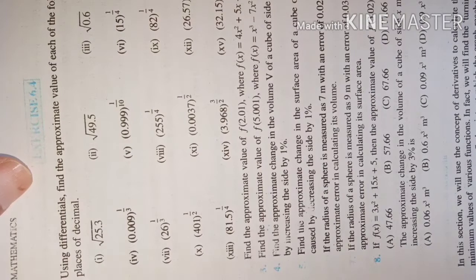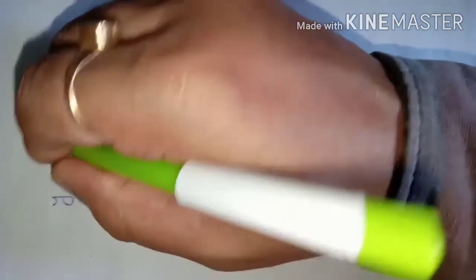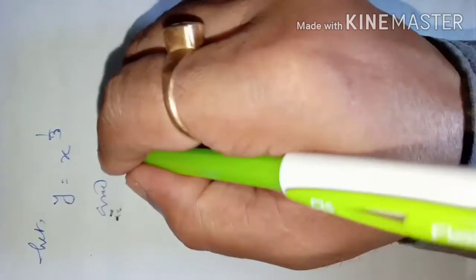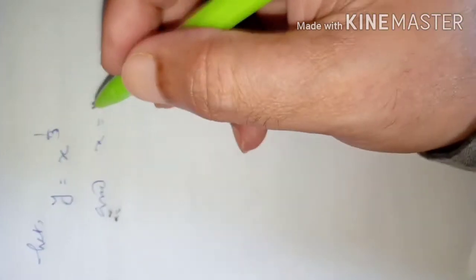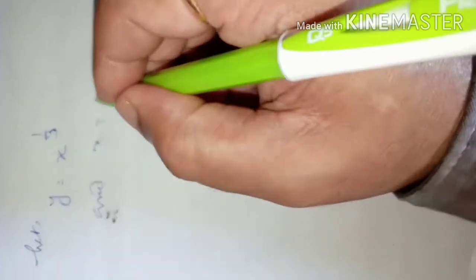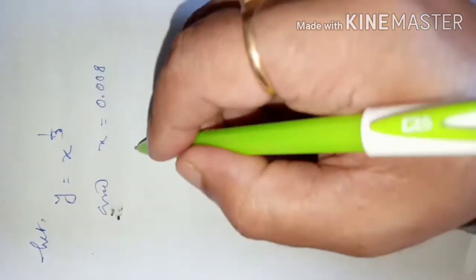We can suppose the function as y equal to cube root of x, y equal to cube root of x. So we'll suppose the function this way, and think of a number for x whose cube root is closest to 0.009. You can think of 0.008 because 0.008 is a perfect cube number whose cube root you can easily calculate.